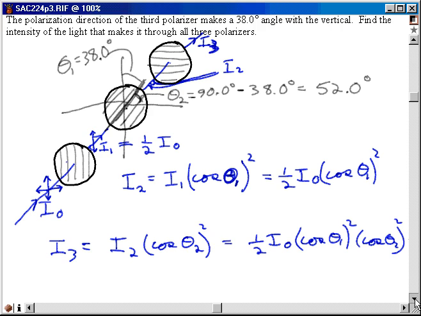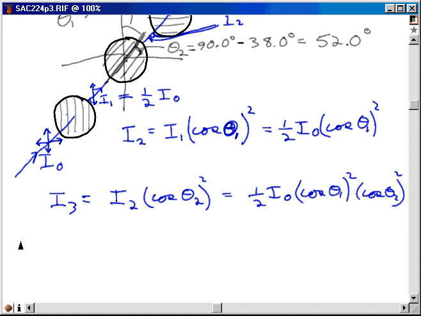So now I just have to evaluate that expression, and I got the answer to the whole question. You can see it's not going to be 0. That's not 0, that's not 0, that's not 0. So I find it interesting that you do get some light through when you put a third polarizer in between the original two, which are making it so that no light gets through. This is going to be 1/2.